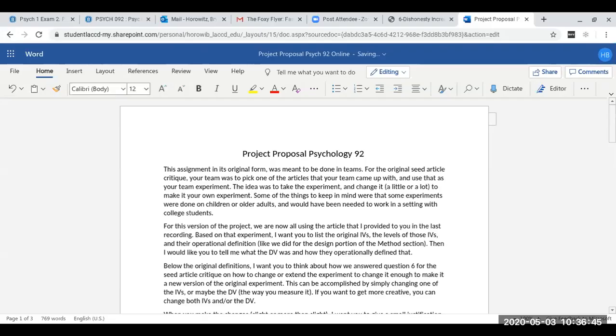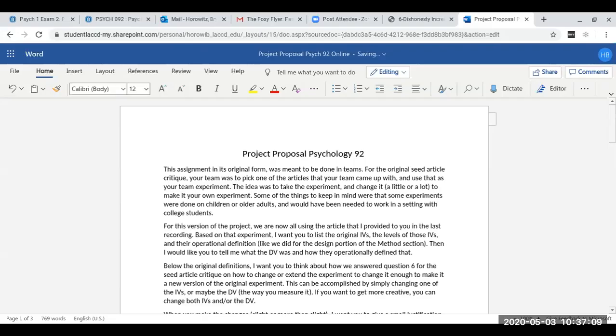One would be cheating and not cheating, and then maybe one would be something else from the other experiments. Or to make it easy on yourself, just use experiment 5 because it's already got the 2x2 design. So list the original IVs and their levels and their operational definition, which I just went over, like we did for the design portion of the method section.